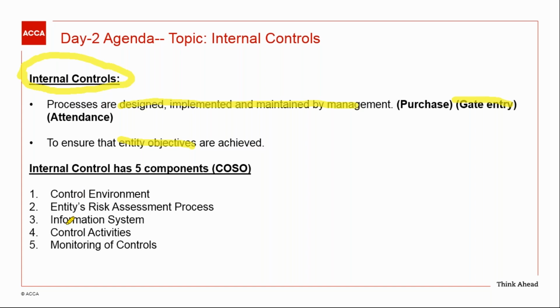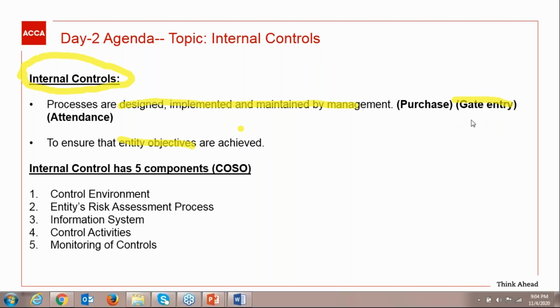So these components have a direct impact on the internal controls. Now we will discuss each and every component of internal control, and then you will be able to clarify the purpose of internal controls in an organization. You will be able to identify why an organization's internal controls are so weak, what the reasons behind it are, and vice versa.